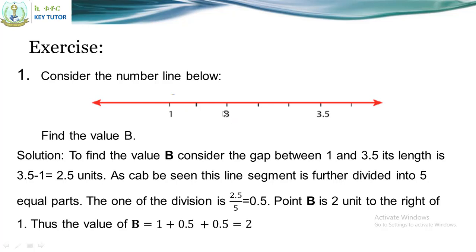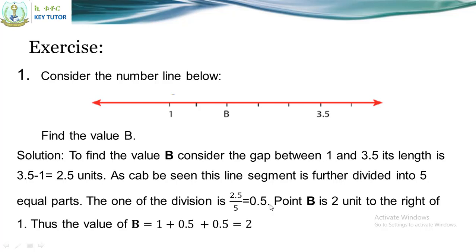Then the second one is exactly right at p. So the first thing is how long is the distance between 1 and the first division point, the second division point, the third, the fourth. That divides the line segment between 1 and 3.5 into 5 equal parts. To get that, you divide 2.5, which is the length between 1 and 3.5, by 5, and it gives you 0.5.